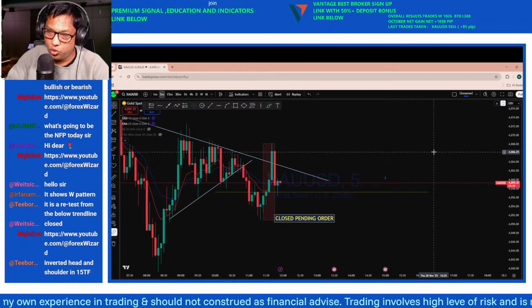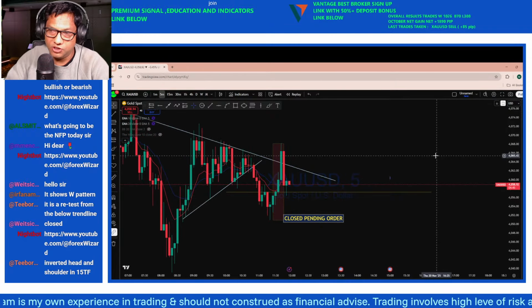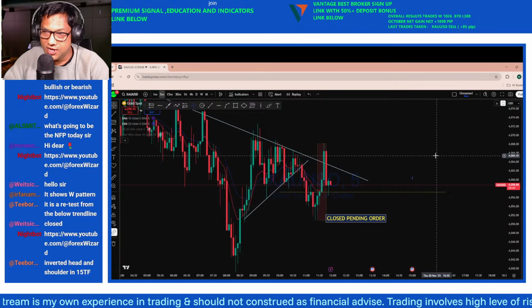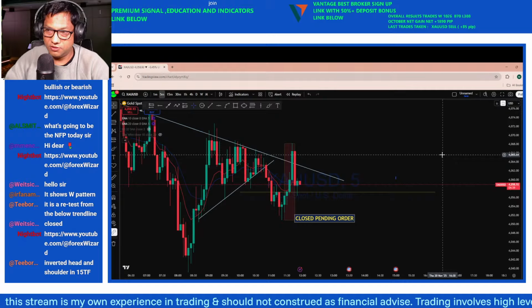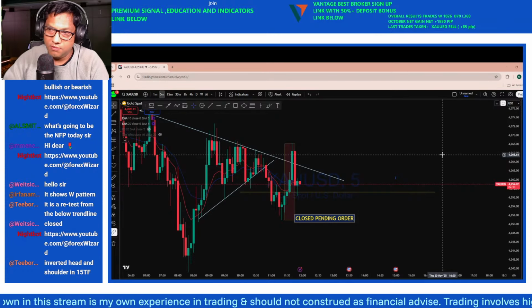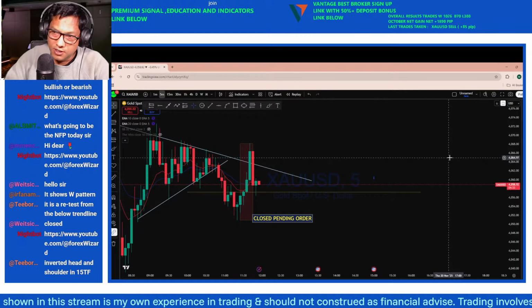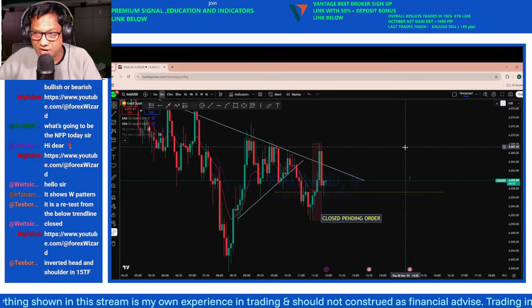Because if you go to the very fundamental aspect of matter, then you will find only energy, and that energy has frequency and vibration, right? So there's nothing beyond that. In the market, there's nothing beyond market structure, liquidity, and price action.